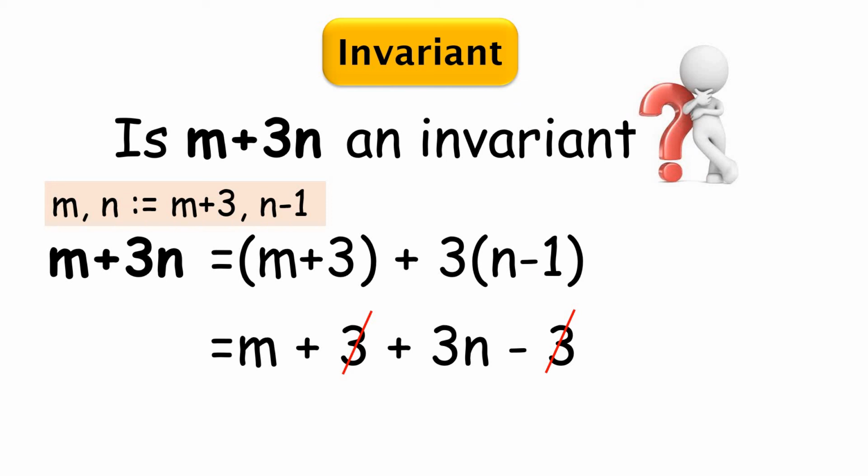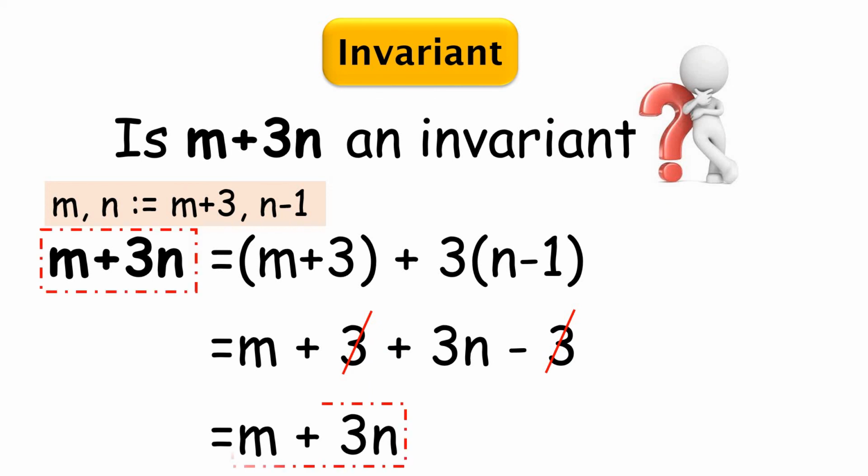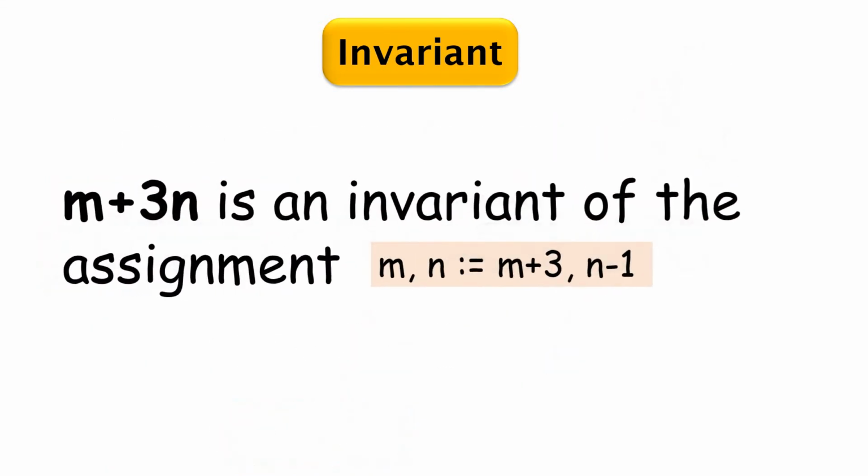And I have m + 3n. It is clear that left hand side is equal to right hand side. Since left hand side is equal to right hand side, I can say that m + 3n is an invariant of the assignment m, n := m + 3, n - 1.